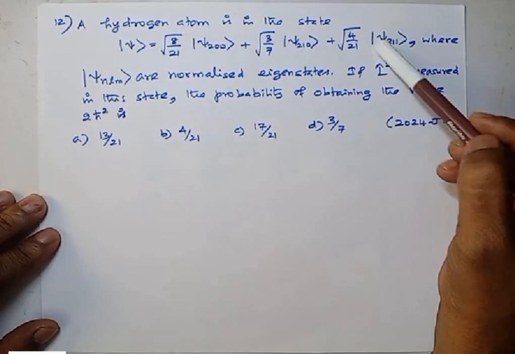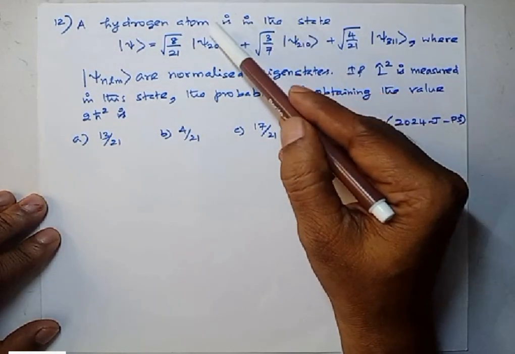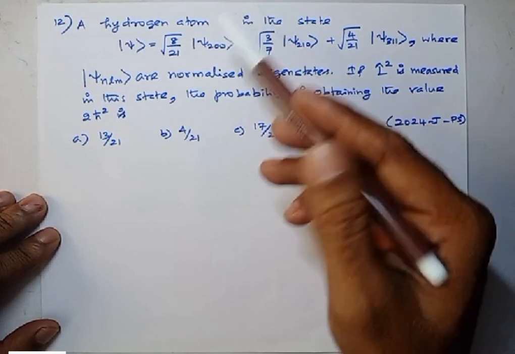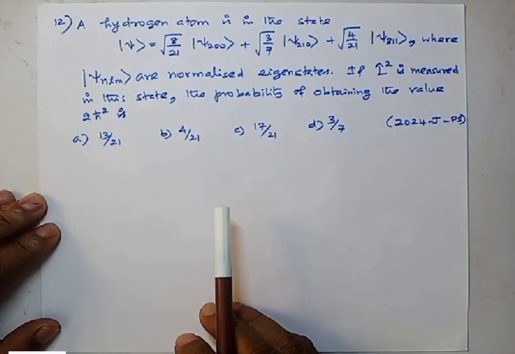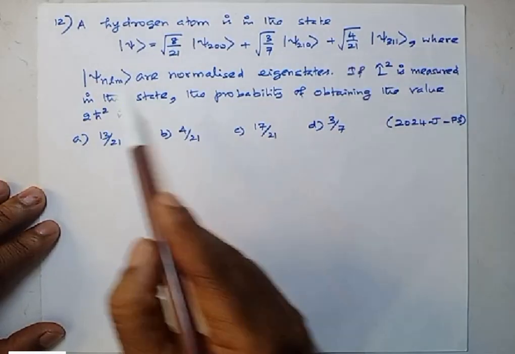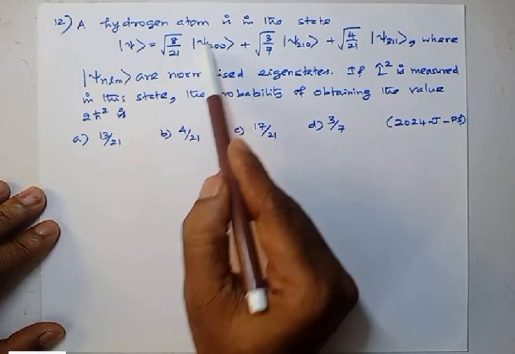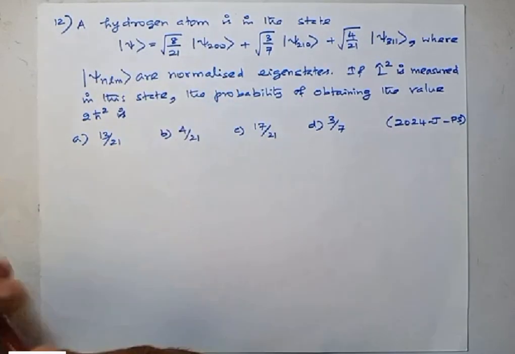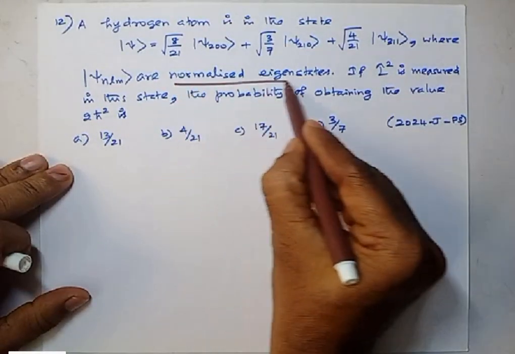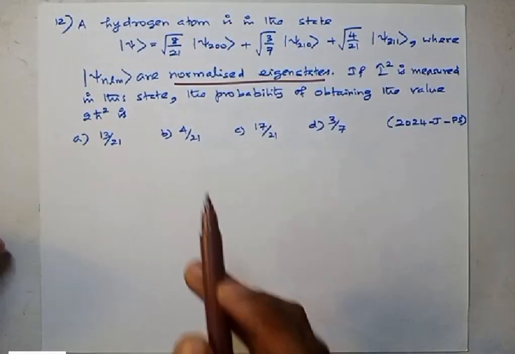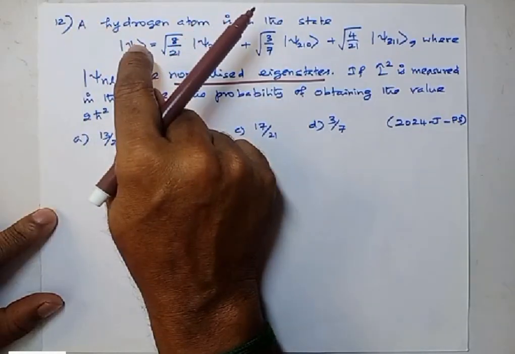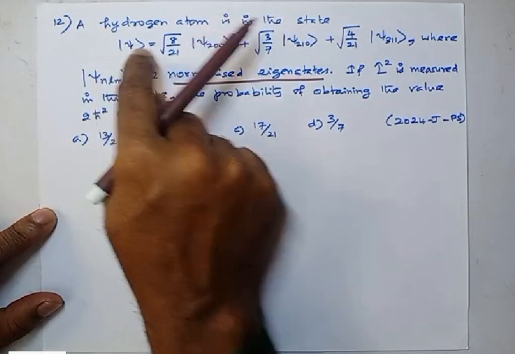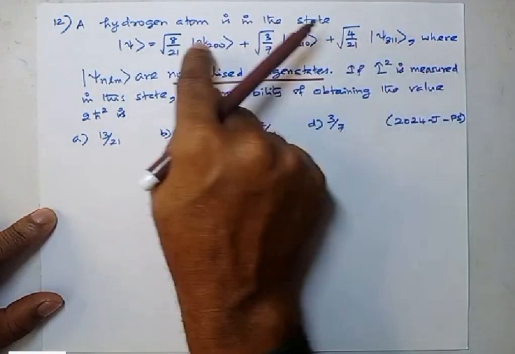See, psi 311, psi 210, psi 200, they are all eigenstates of hydrogen atom. It's given clearly, where psi NLM are normalized eigenstates. What is given here is that the hydrogen atom is now present in a state which is a linear combination of these three states.